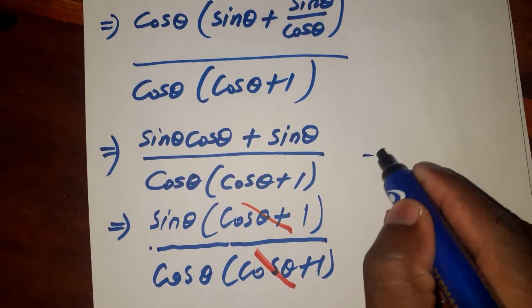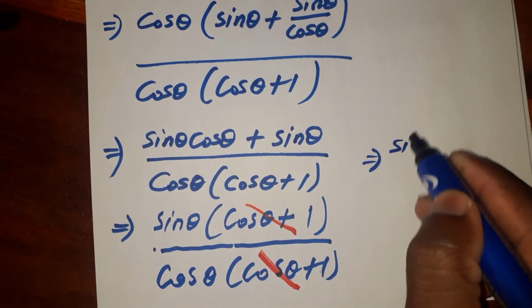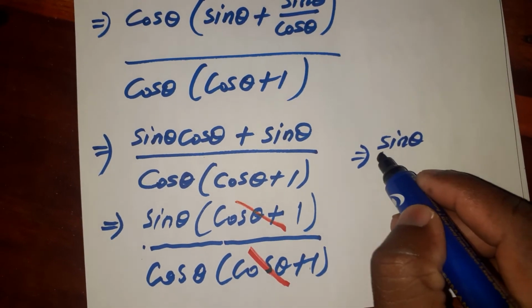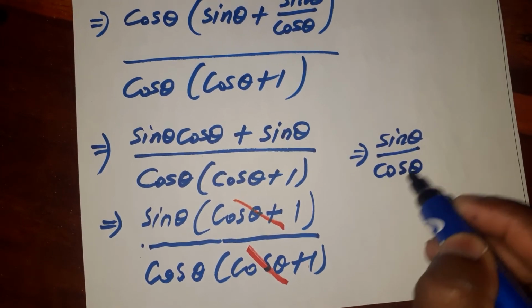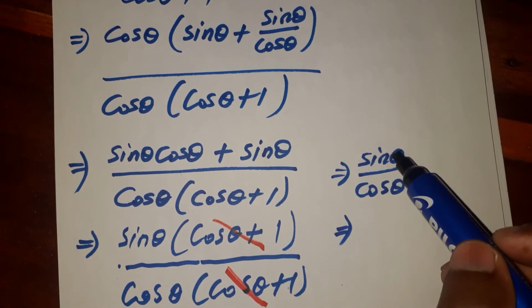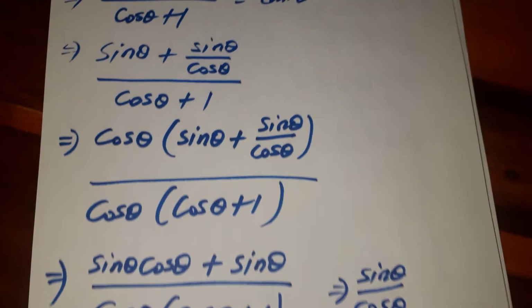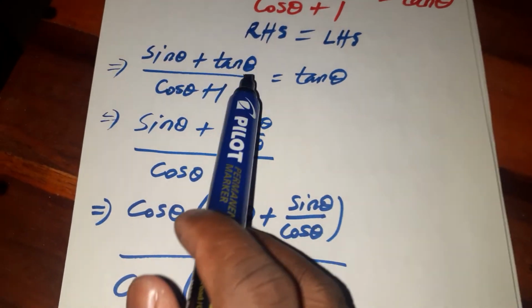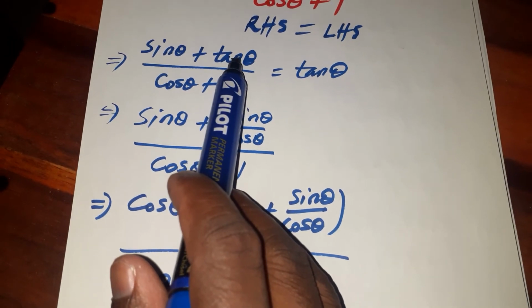We can rewrite this side as sine theta over cosine theta. Now what you can see here is that sine theta over cosine theta is tan theta.